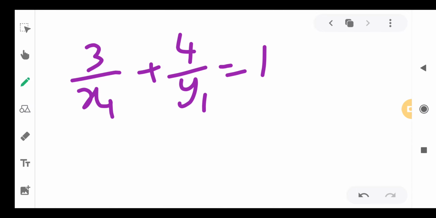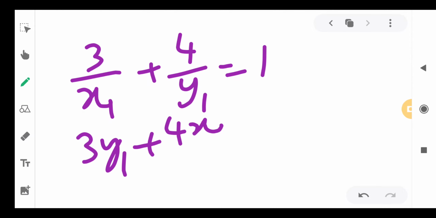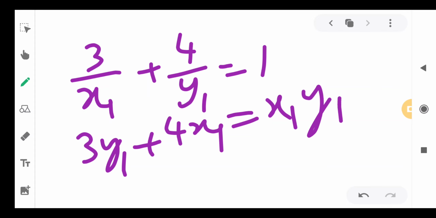After simplification, by cross multiplication, the denominator will be x1 y1, and multiplying 1 by x1 y1, this simplifies to 3y1 plus 4x1 minus x1 y1 equals 0.